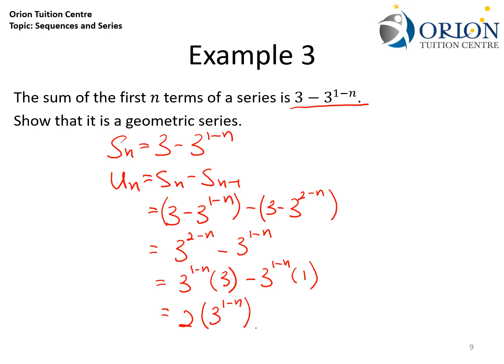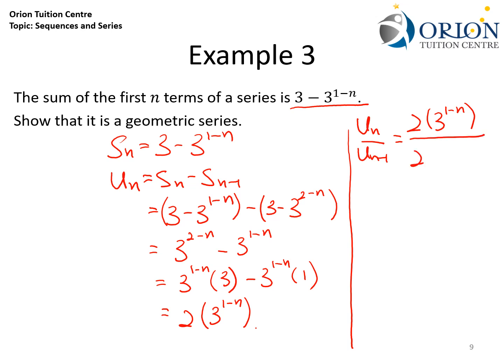Now with this, let's find out the ratio between un and un minus 1. un over un minus 1 will equal 2 times 3 to the power of 1 minus n divided by 2 times 3 to the power of 1 minus n minus 1, which is 2 minus n. And therefore, this ends up with 3 to the power of minus 1, or 1/3, which is a constant.